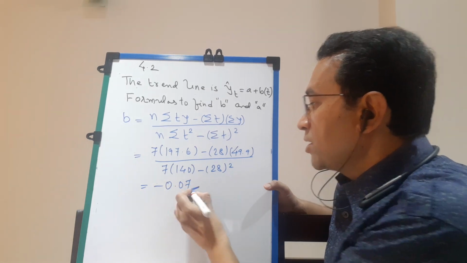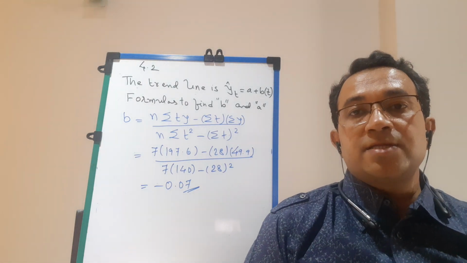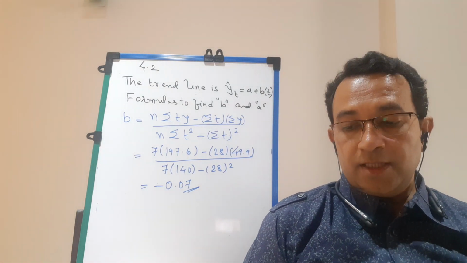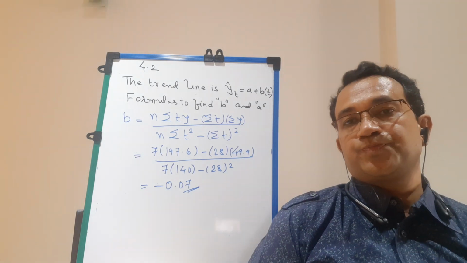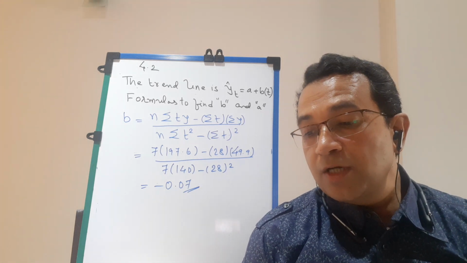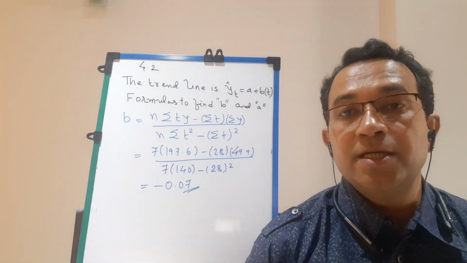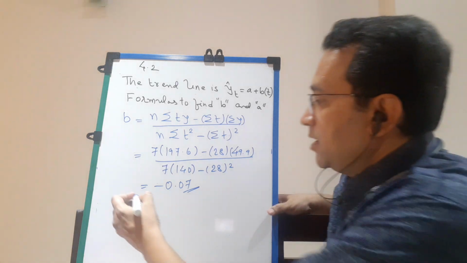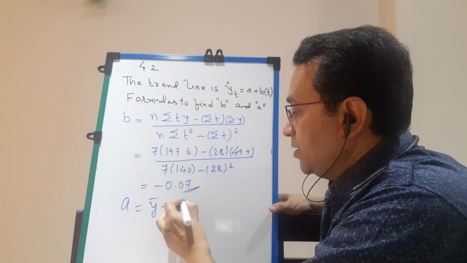That I have already worked out because I cannot show those simplification steps. It is minus 0.07. Clear, students? Now after finding b, we can find a. The formula to find a is y bar minus b into t bar.